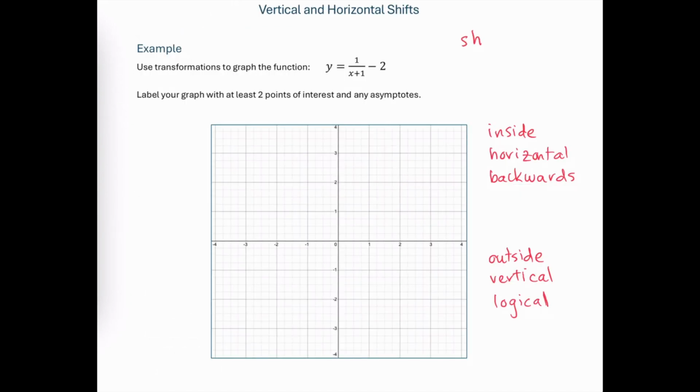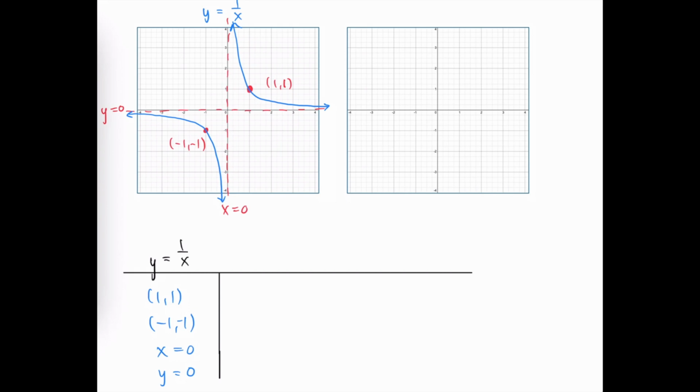So remember, we're going to be shifting to the left 1 and shifting down 2. And if the only transformations are shifts, we can do it in any order. Let's begin with the left 1 shift. When we shift left 1, we're going to shift all of the points of interest to the left. So our (1, 1) ordered pair goes to the left 1 unit and lands at (0, 1).